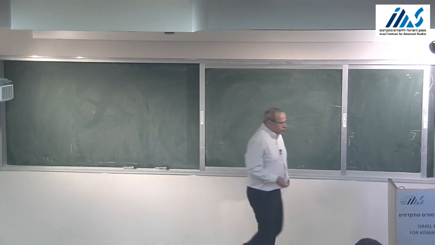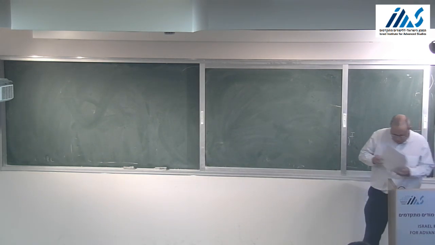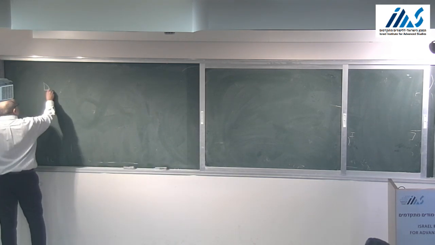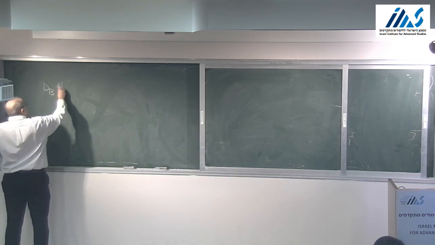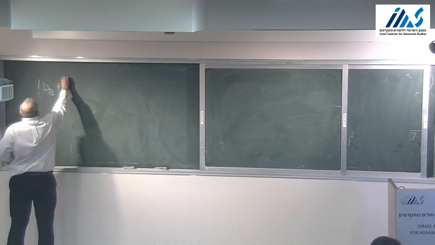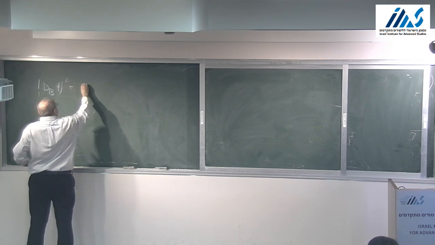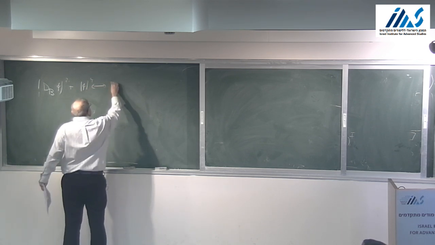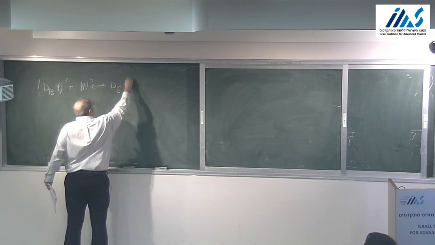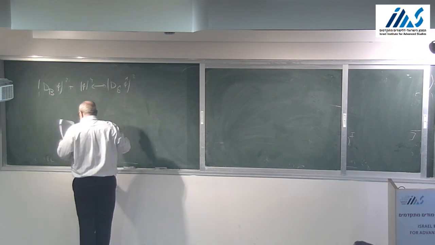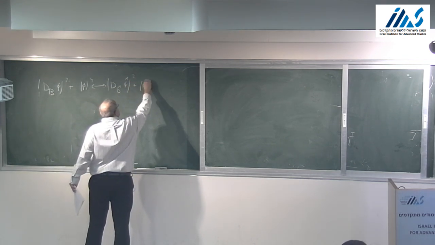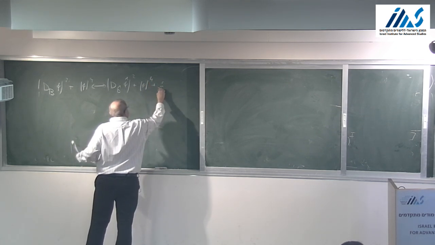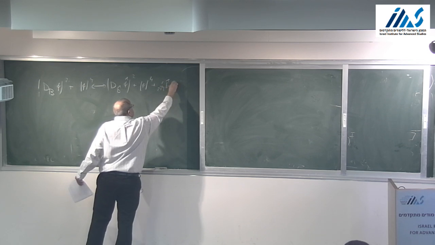So let me recall what we had. We summarized the discussion by writing it this way: |D_b phi|^2 + phi^4 + (i/2π) b dB.